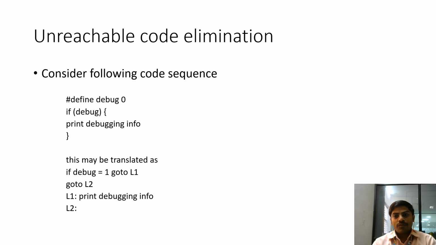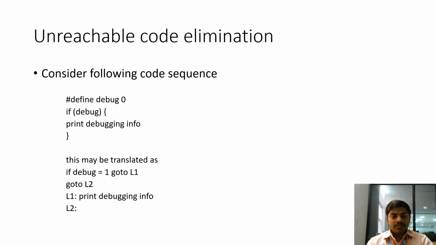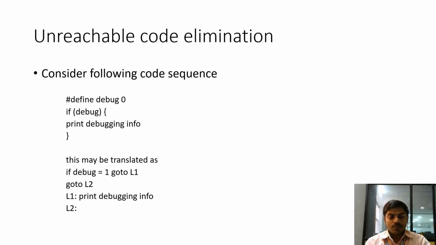Consider the following code which involves an if condition, where the debug value is defined to be 0, and the if condition follows below where debug evaluates to 0 itself. This if condition in the program will not be executed, and it is not necessary for us to include this if statement at all.